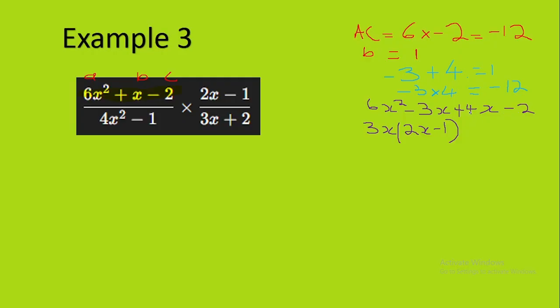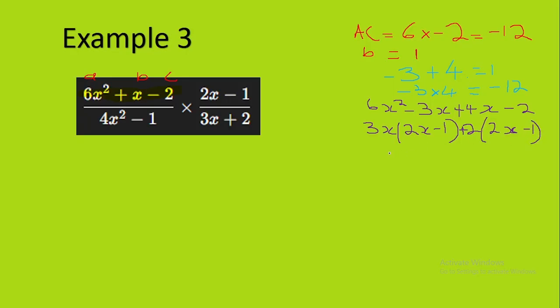What's the highest common factor between 4x and 2? That would just be 2. So plus 2. If you take a 2 out of the 4x minus 2, you'll be left with 2x, and 2 divided by 2 will just leave you with negative 1.